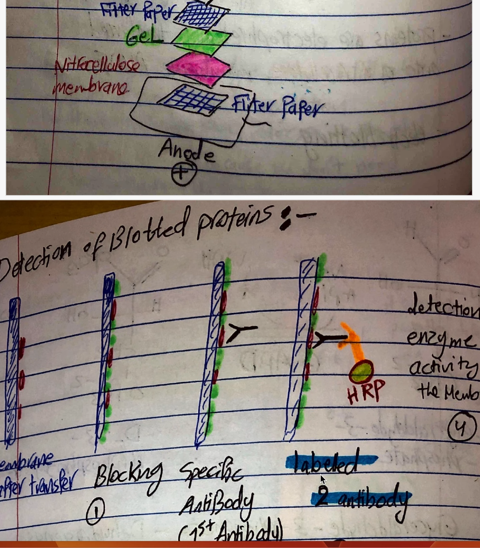The membrane we discuss here has high affinity to proteins. The most common type is nitrocellulose, as we see here, and also PVDF, which is polyvinylidene difluoride.